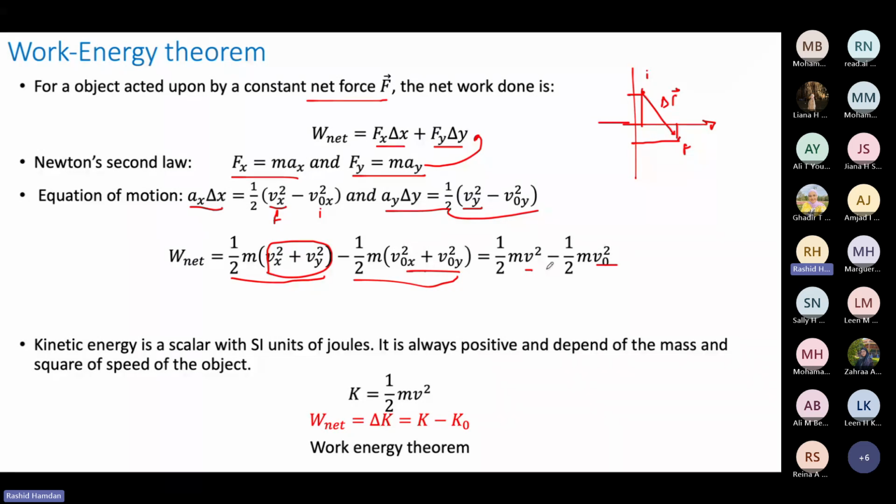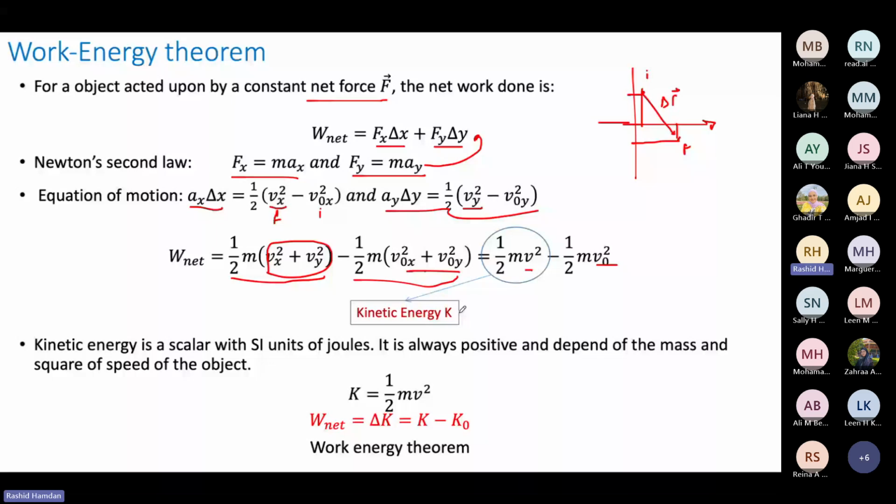But I wrote it in this form because we recognize this term, this half mv squared. We call it the kinetic energy, K or KE if you want. So this is the kinetic energy. So I can say that the net work done on the object in any interval gives us the change in kinetic energy.